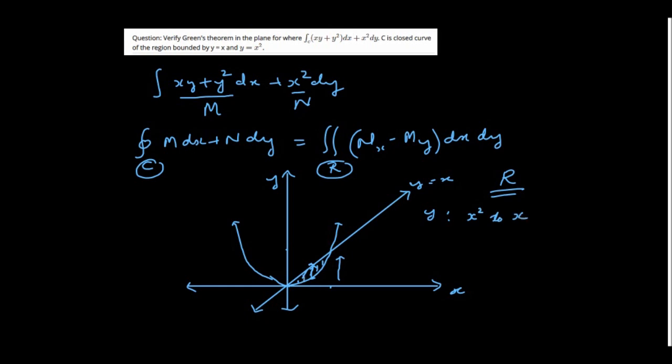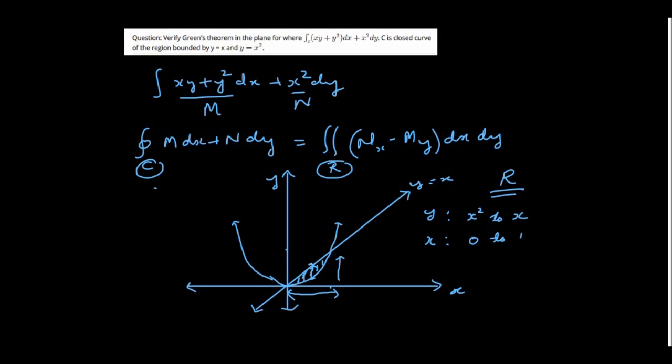Everywhere in this region, it starts from x square and ends at x, so you can take your y limit as x square to x. And this entire region lies from x equal to 0 to x equal to 1. So your x limit, you can take as 0 to 1. So for this region R, you can take the limits of integration of x and y as this.